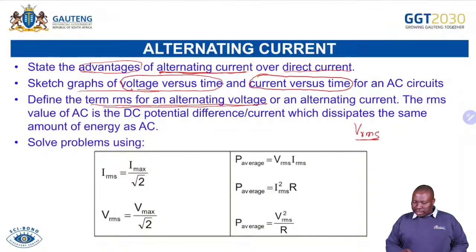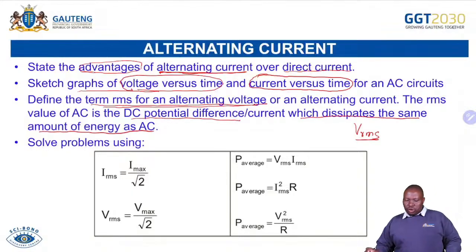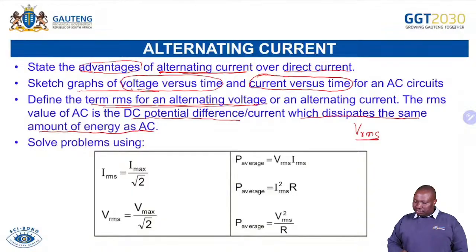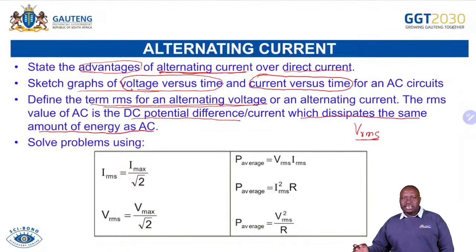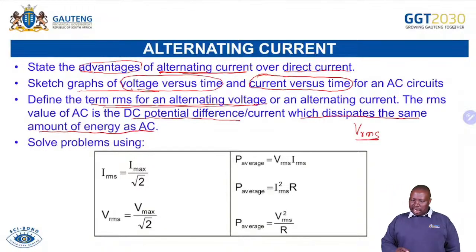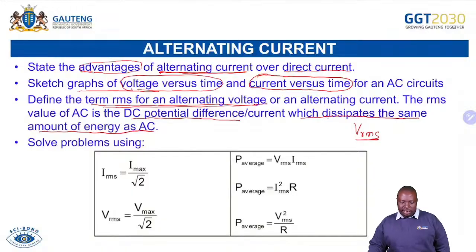We define it as the DC potential difference which dissipates the same amount of energy as AC. So we're saying that it is the DC potential difference which dissipates the same amount of energy as an AC.